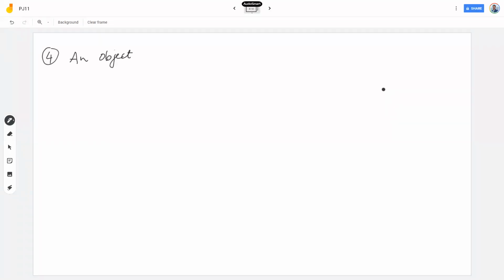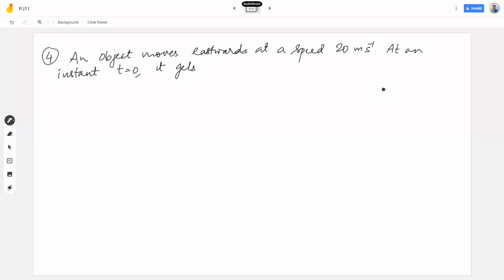An object moves eastwards at a speed of 20 meters per second at an instant t equal to 0. It gets an acceleration of 4 meter per second square westwards.